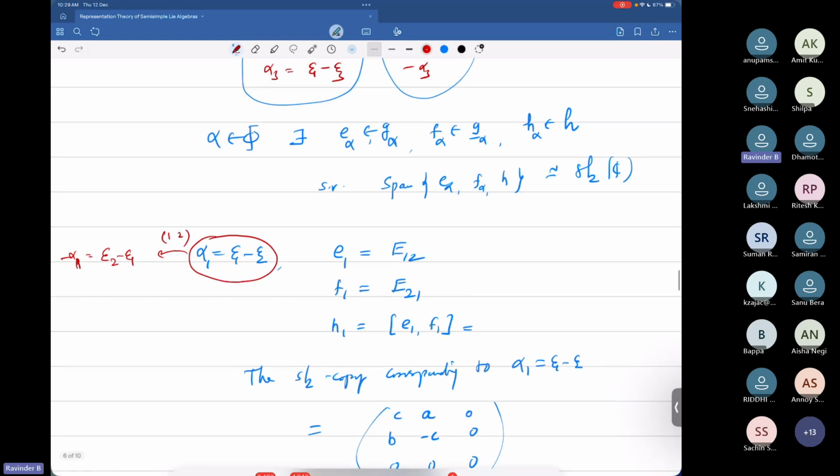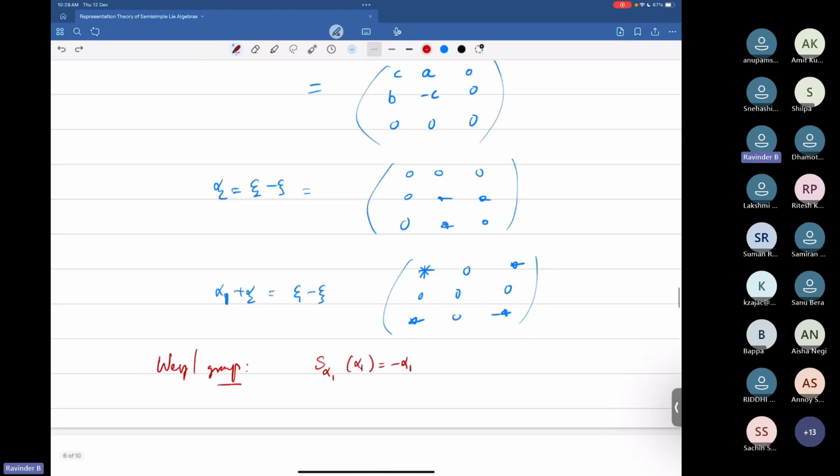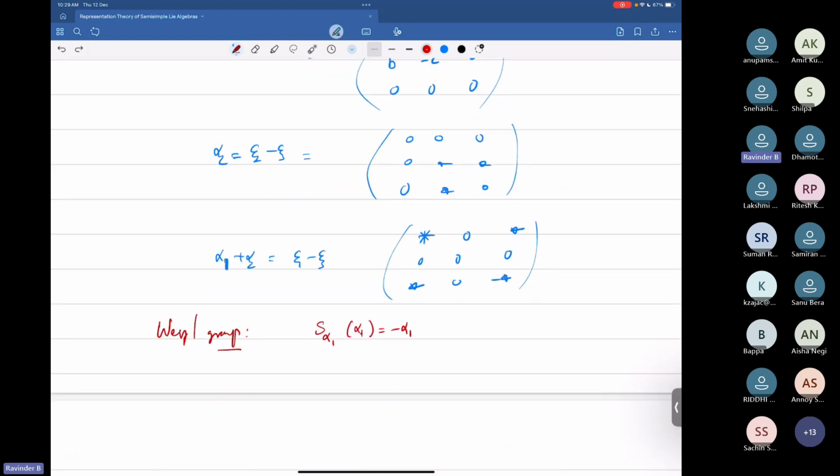So in some sense, I'm not proving this, I'm just telling you, the Weyl group here, in the SL3 situation, S alpha 1... And also one more fact: the Weyl group is actually generated by simple reflections.